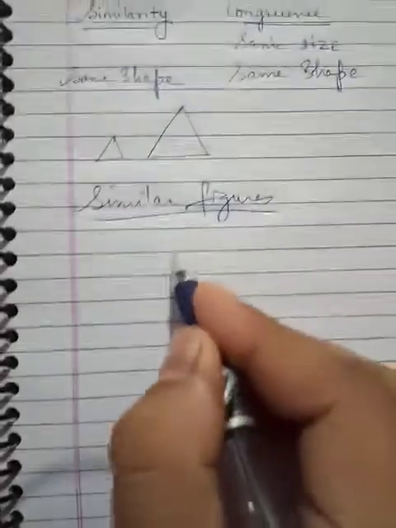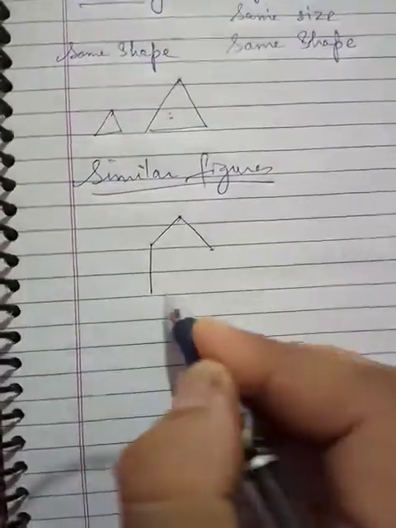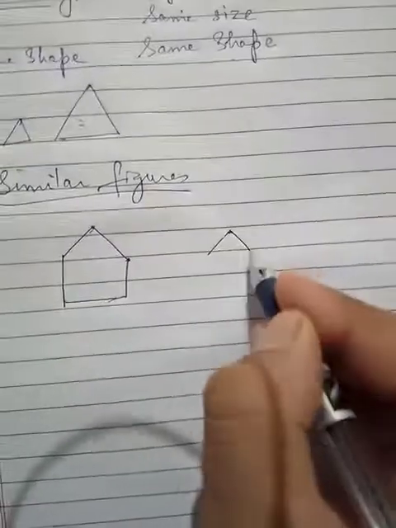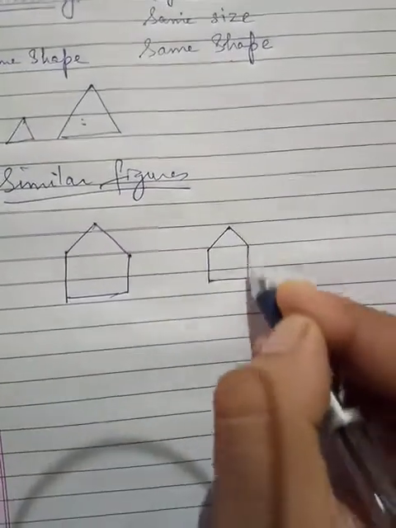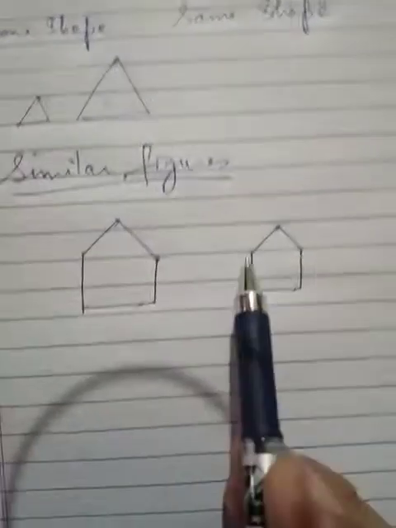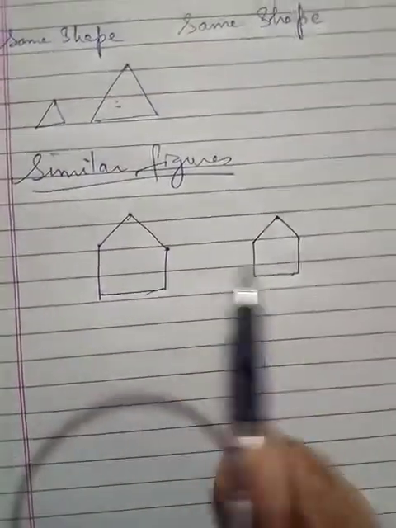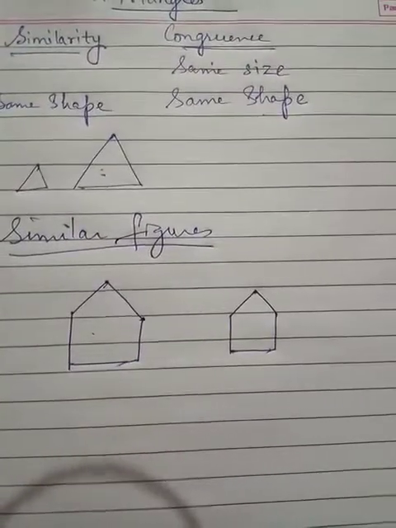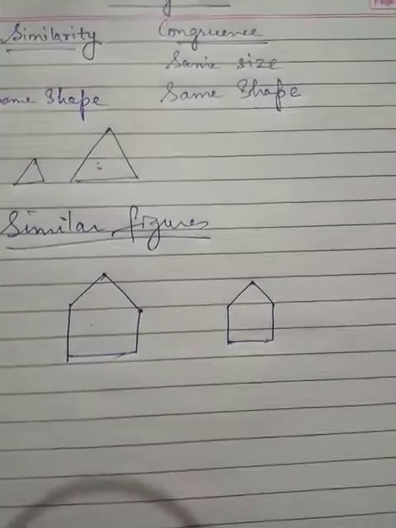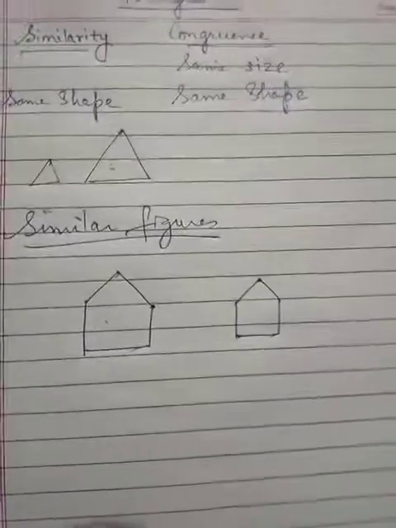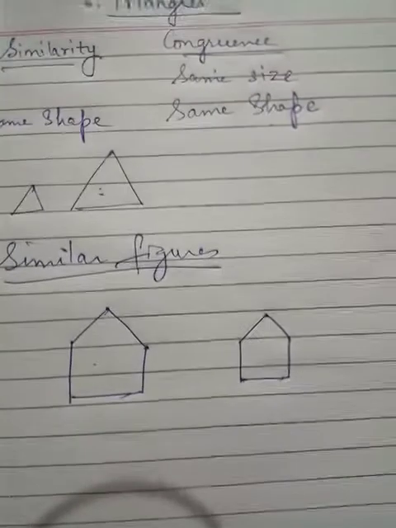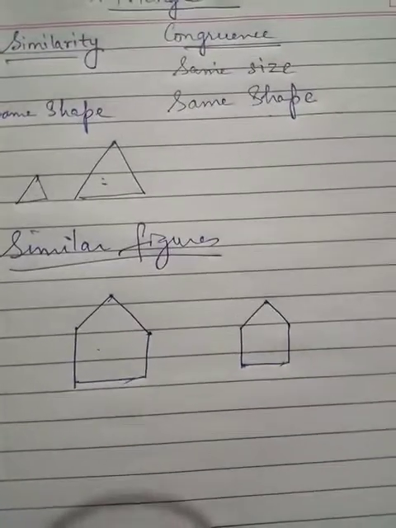Suppose we take a pentagon. Pentagon means 5 sides. And if we take another pentagon, and their angles are same and they are having the same number of sides, that means their shape is exactly same, then such figures are said to be similar.